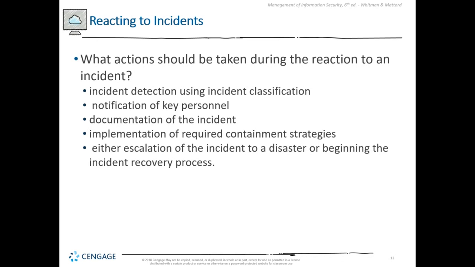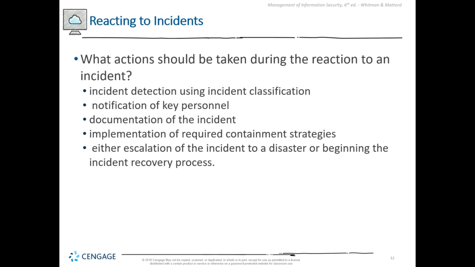You may also dynamically apply filtering rules to limit certain types of network access, which targets the specific vulnerability being exploited by the threat agent, and monitor the incident while developing a more specific strategy. Now, keep in mind that all these containment strategies focus on stopping the incident and recovering the system controls.